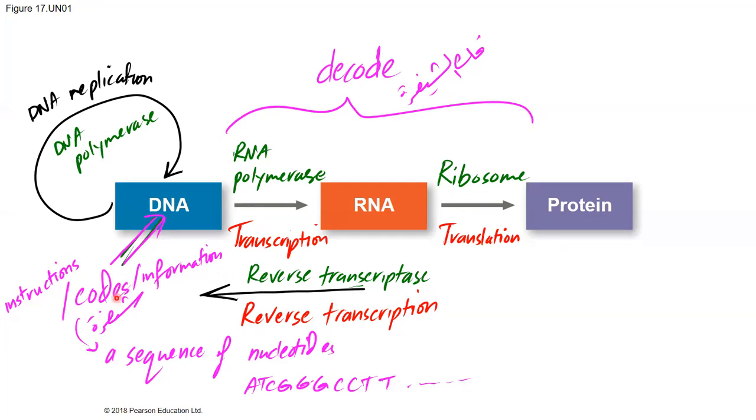Codes, information. It's the same thing. We have instructions written in the language of DNA, and these instructions must be transcribed first and translated by the ribosome, and the ribosome uses these instructions to build the proteins.